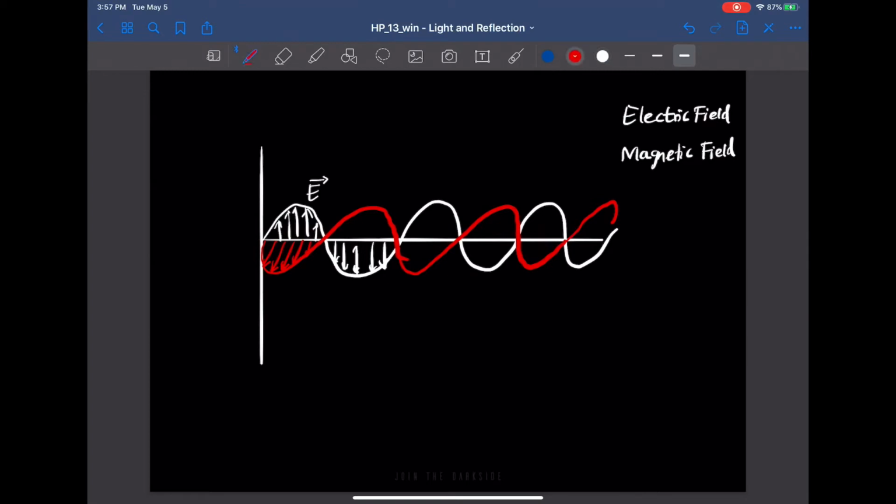So the idea here is to think that the magnetic field and the electric field are perpendicular to each other.